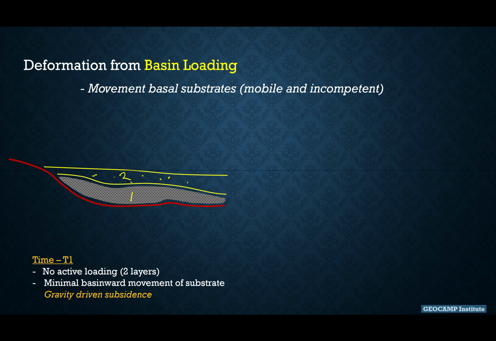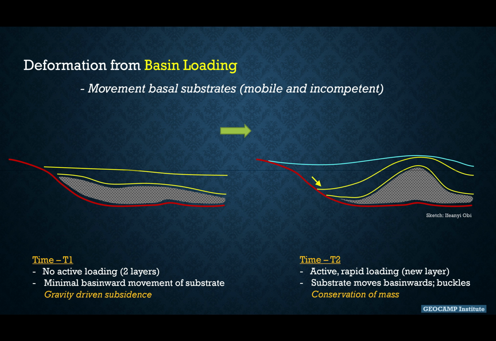Now imagine that at time t2 we have a new episode of loading, at a much more rapid rate also. So the layers that we had, 1 and 2, have now become 1, 2, and 3.